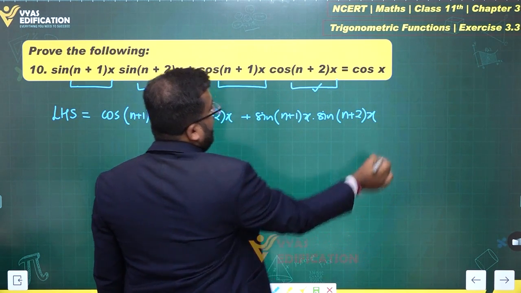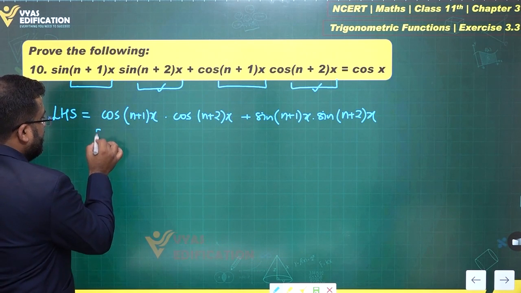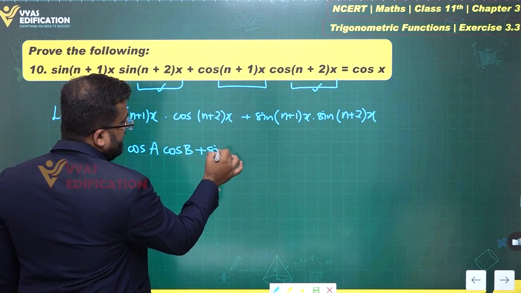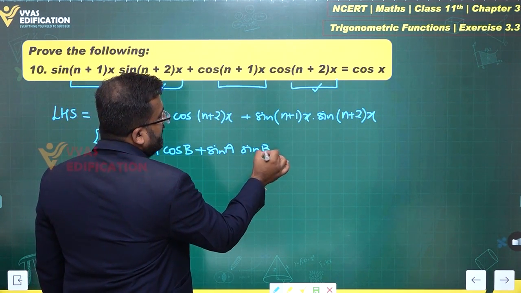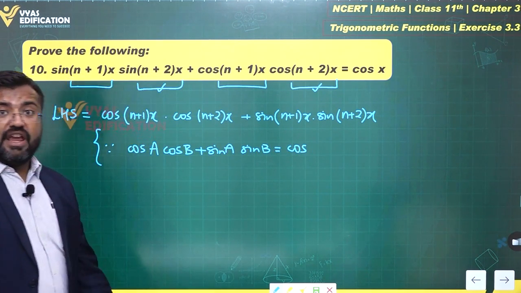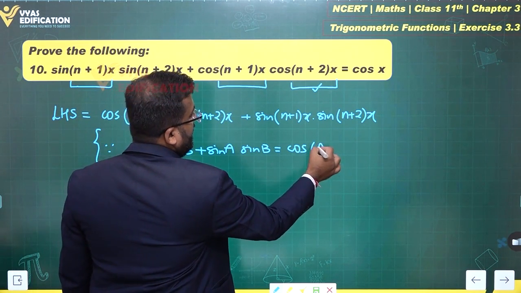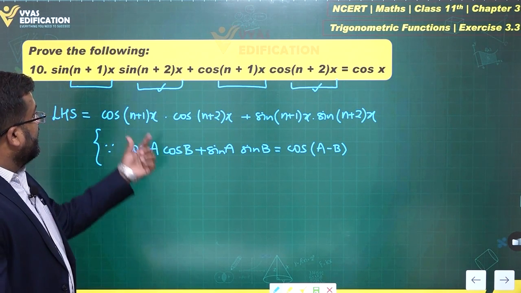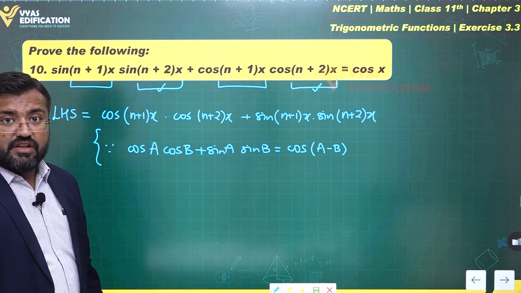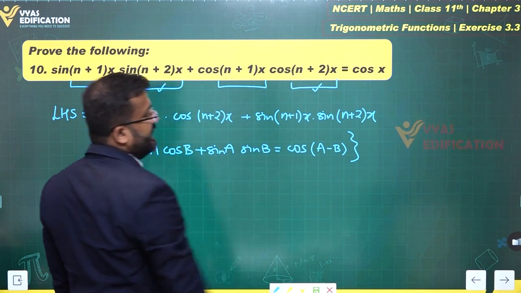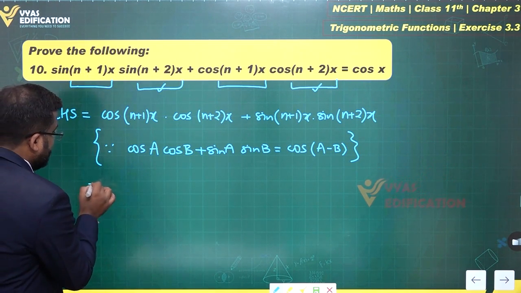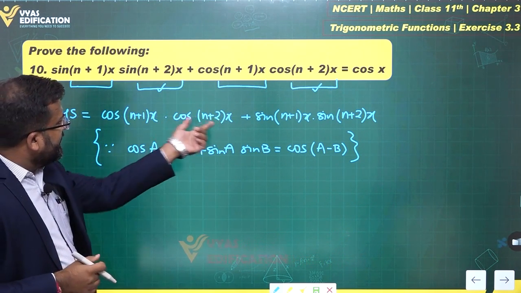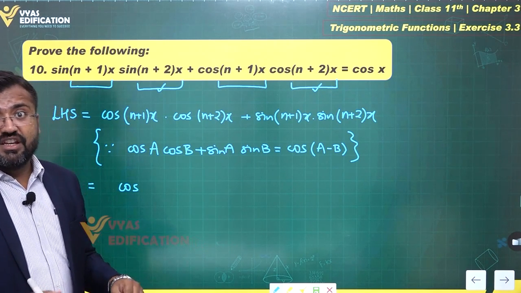Once we have this clarity in our mind, we can observe that since cos A cos B plus sin A sin B is equal to cos of A minus B, we can take this as A and this as B. This is also possible, right? Since this is equal to this, LHS becomes equal to cos of this minus this. Could we have taken this minus this as well? You would observe that it will not make much difference.